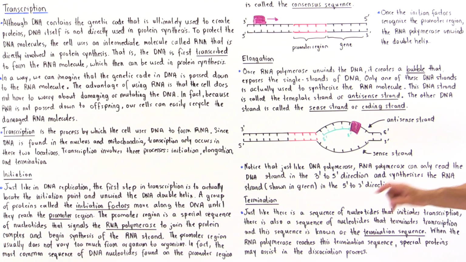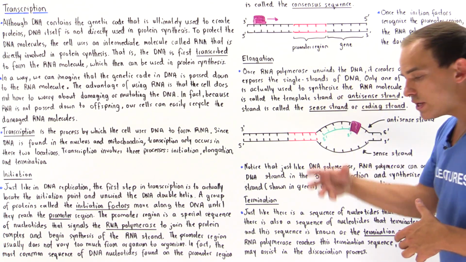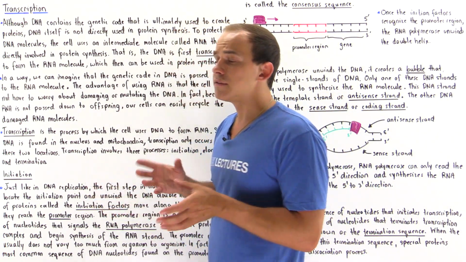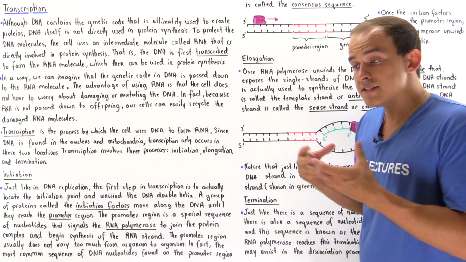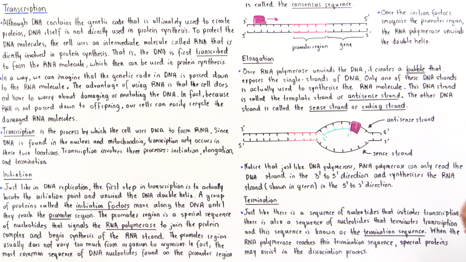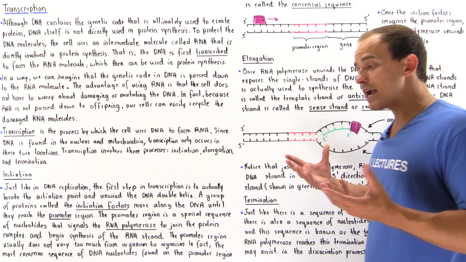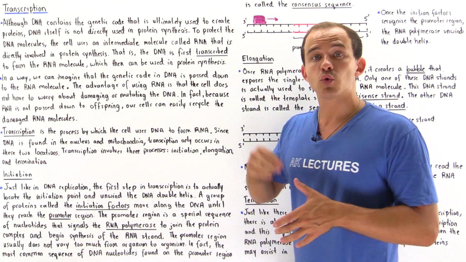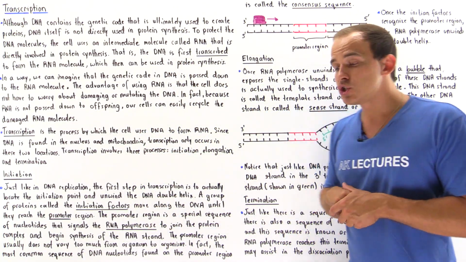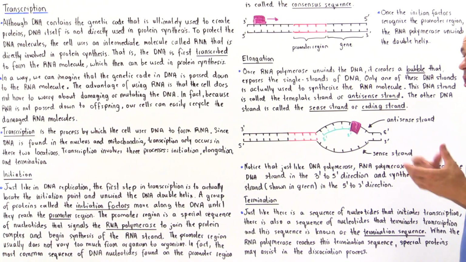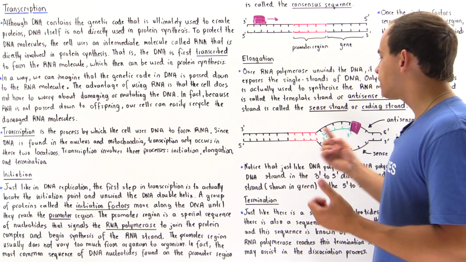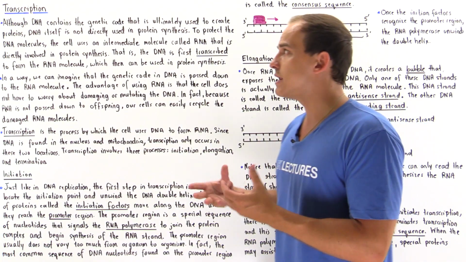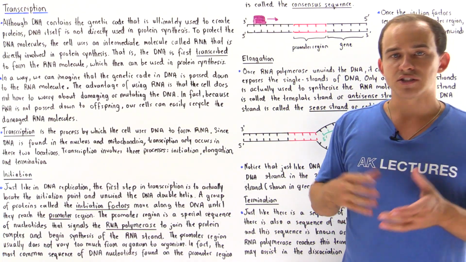Now, when the RNA polymerase basically reaches this termination sequence, certain types of specialized proteins may assist in the process of termination. For example, in prokaryotic organisms, a special type of protein known as the Rho factor binds to our RNA and helps the RNA to dissociate from our DNA molecule, and that basically terminates the process of transcription.